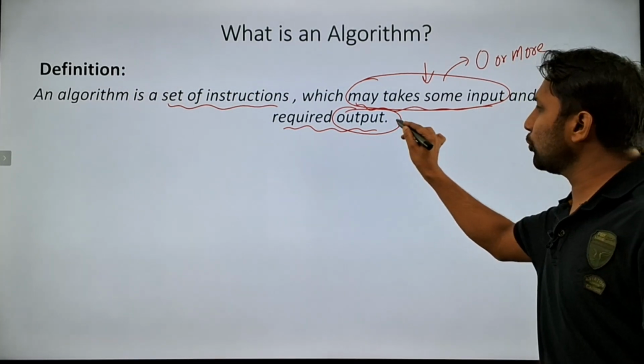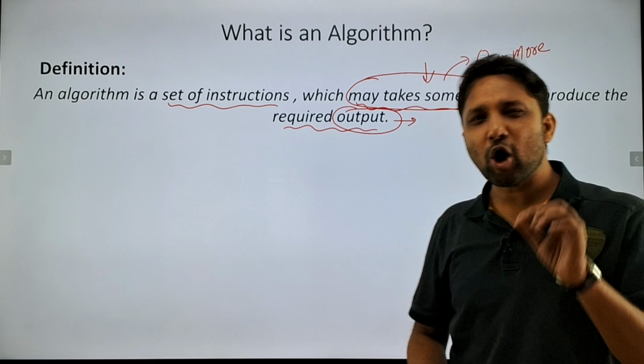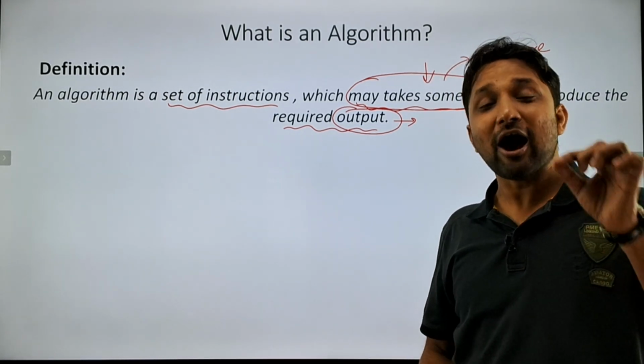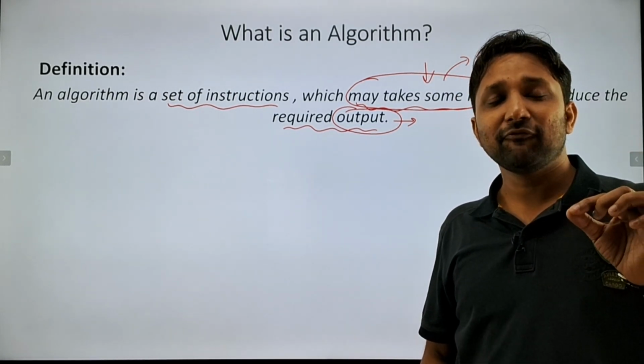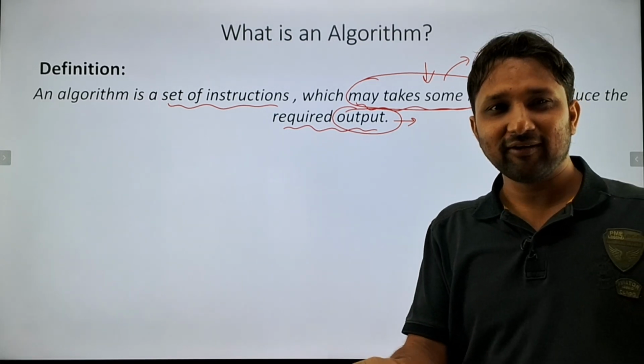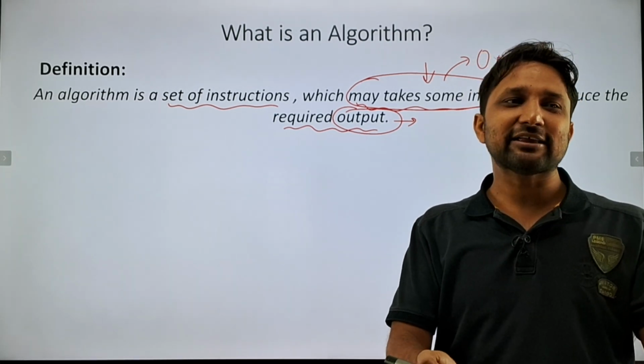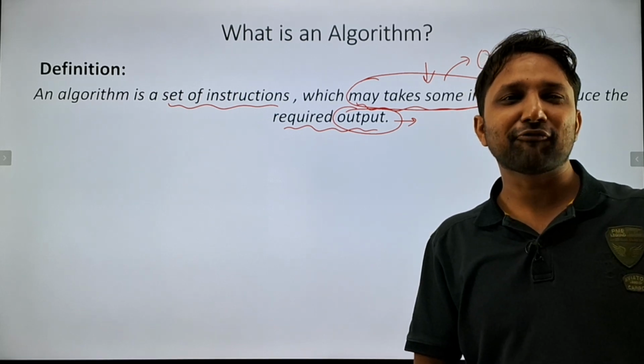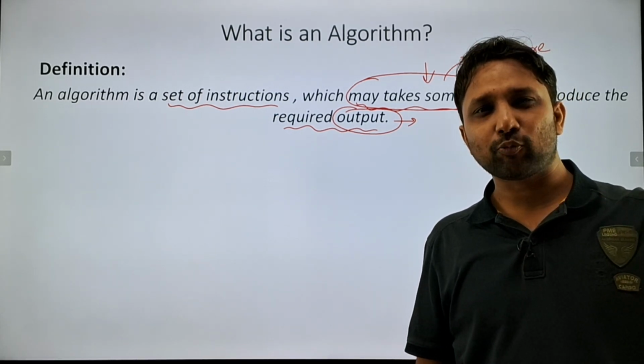What about the output? What do you think? Is output compulsory or not? Output is compulsory. Why? Because if output is not there, then what's the use of that software? I don't see anyone saying, please develop a software for me and I don't want any output.